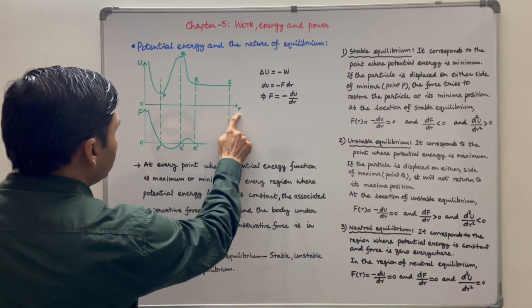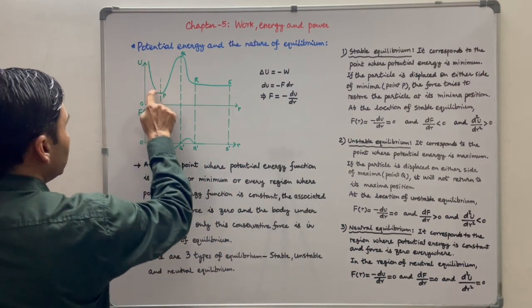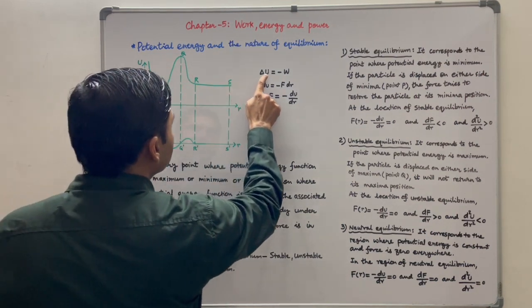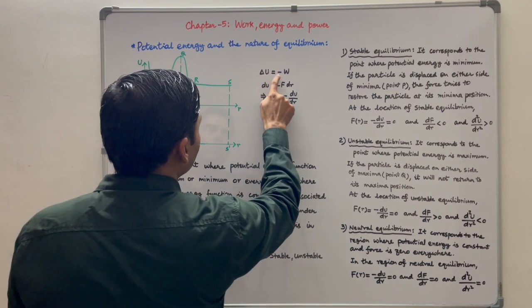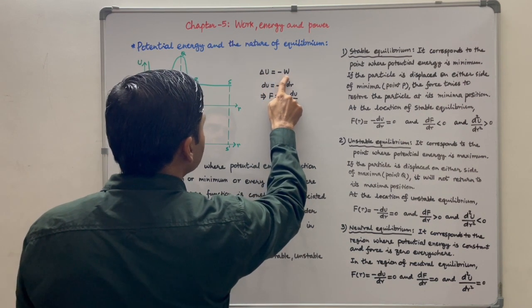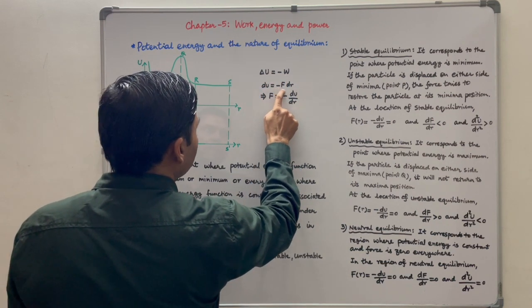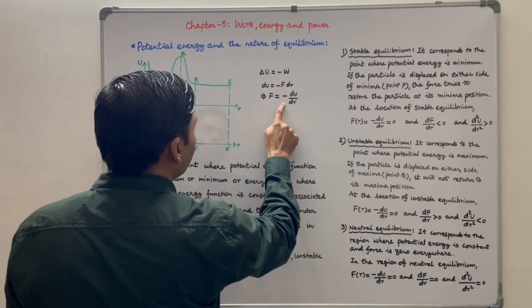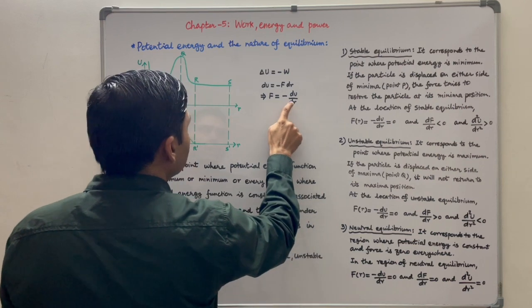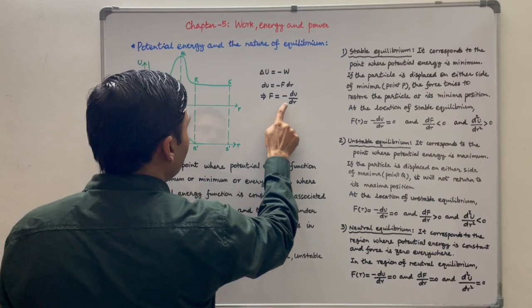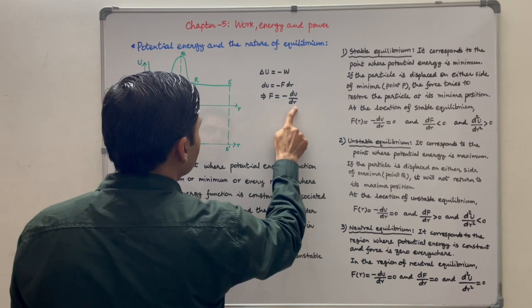Suppose a particle's position and its potential energy graph is given. We know that change in potential energy is equal to negative of work done by the conservative forces. So we can write dU is equal to minus F dr, or F is equal to minus dU by dr. That means conservative force is equal to negative of slope of the curve.